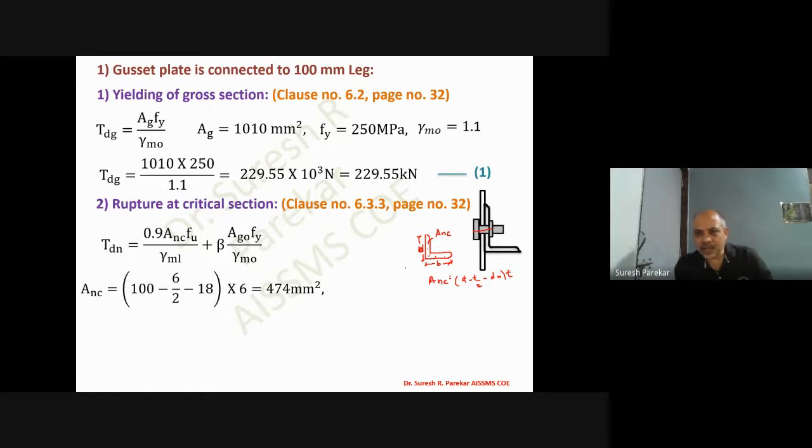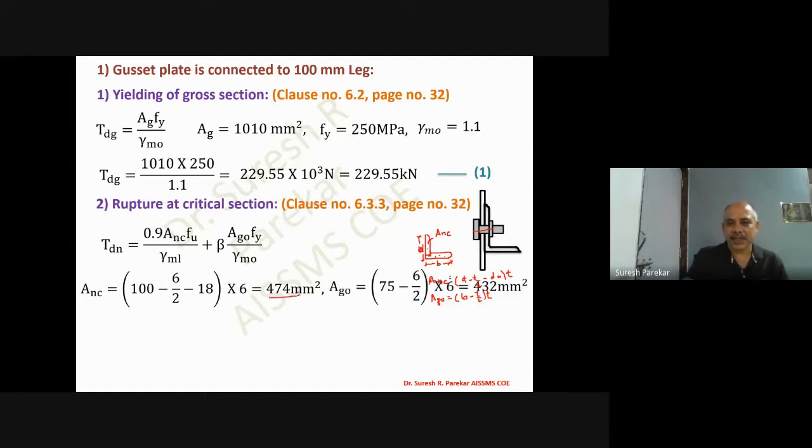Try to understand this: we are going to consider half thickness with the depth and half thickness with the width. And Ago is (B - t/2) into t. Whatever area is common, we give half with depth and half with width, and from this we get the value of Anc, which is equal to 474 millimeter square.